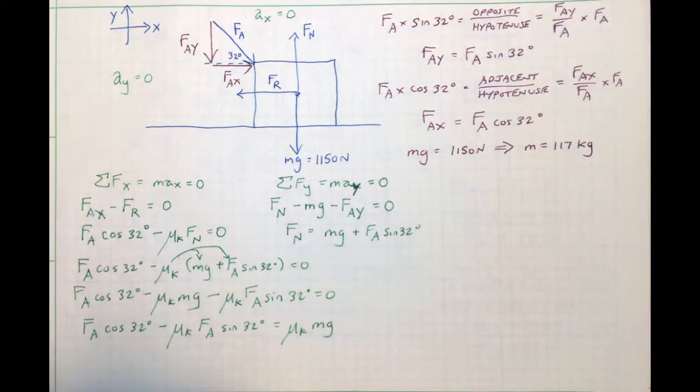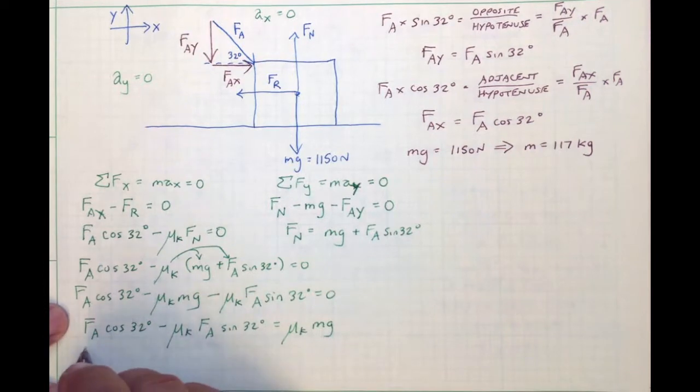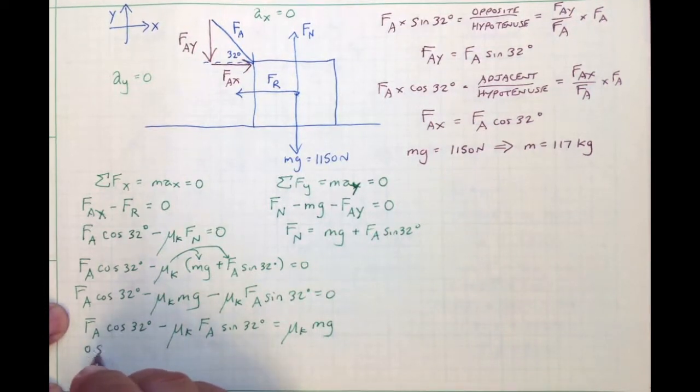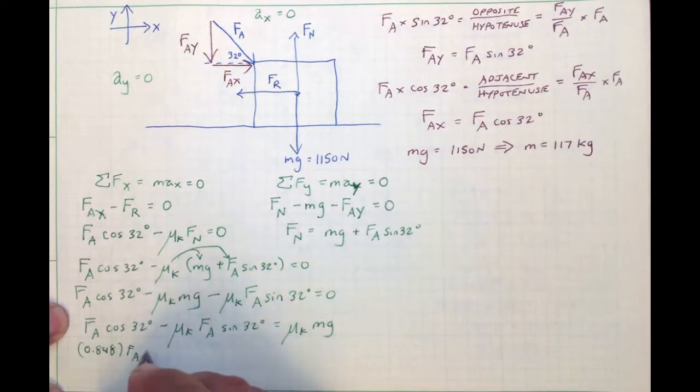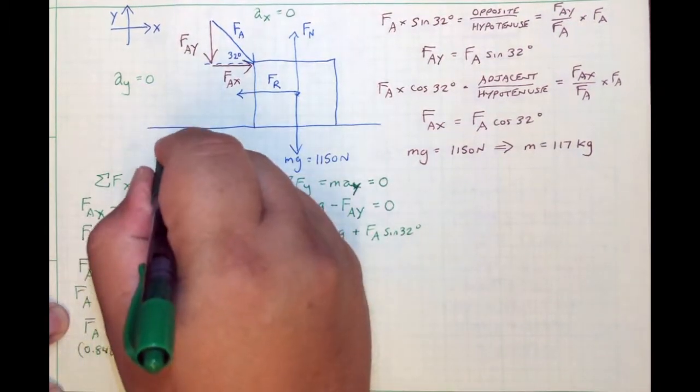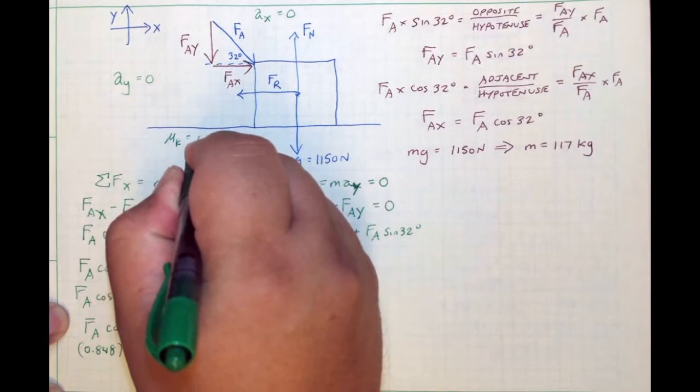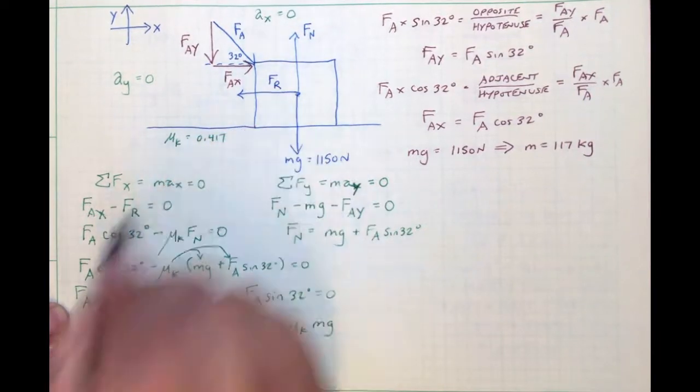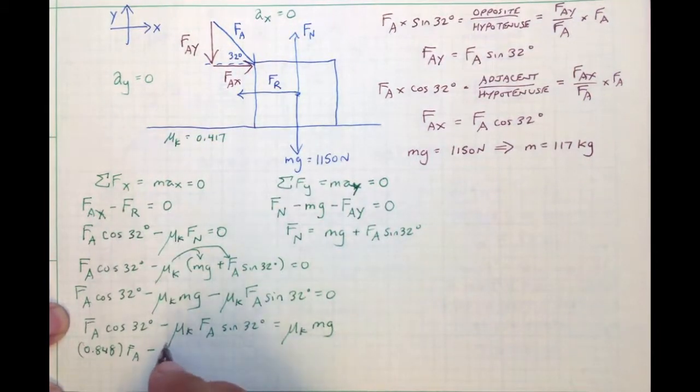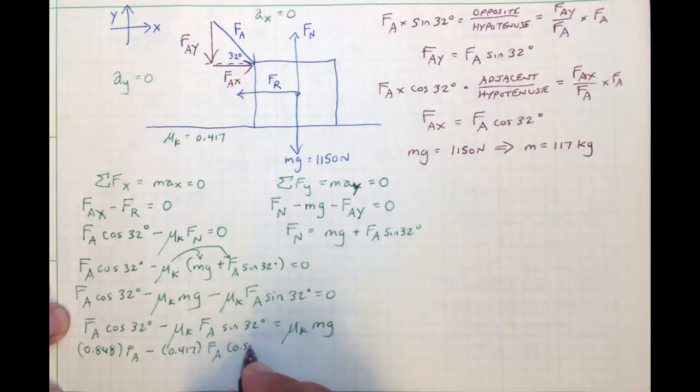The cosine of 32 is 0.848. The coefficient of kinetic friction is still 0.417, as in the previous example. So that's what we put in there. The sine of 32 is still 0.5299.